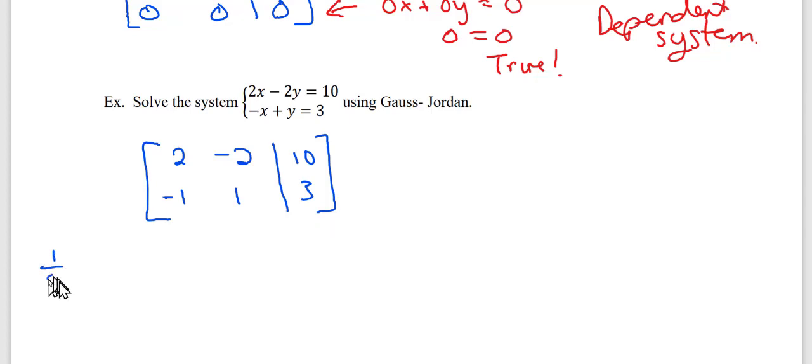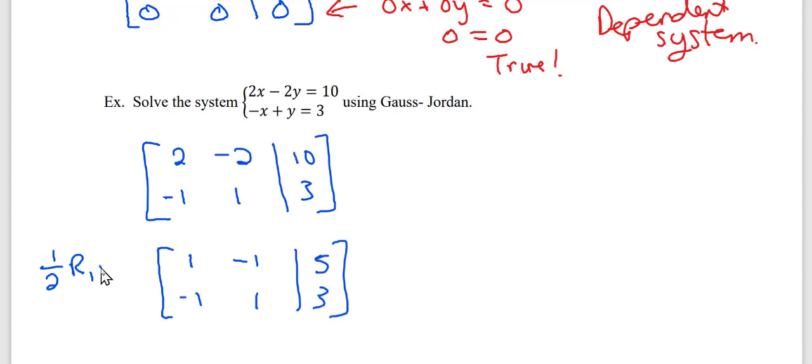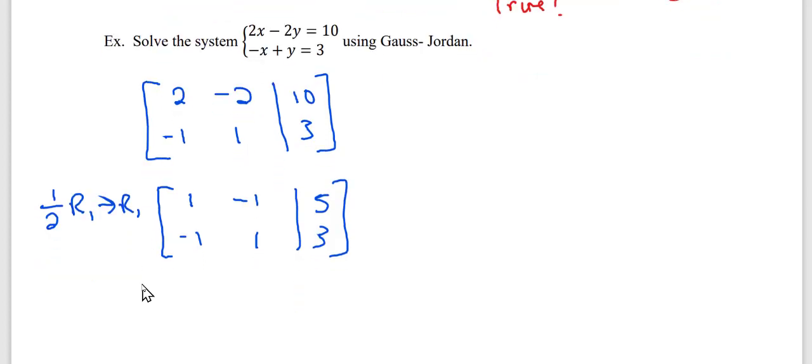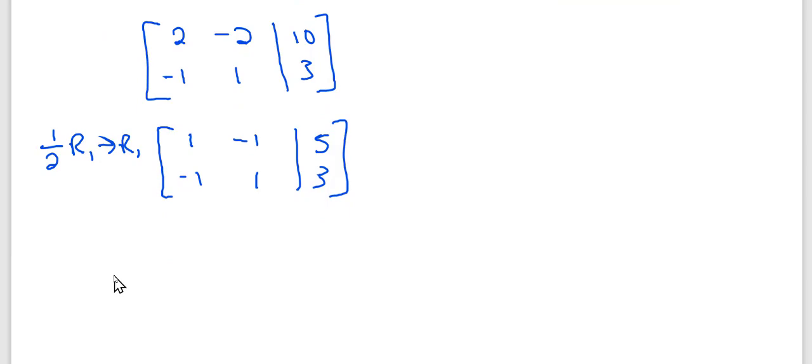I think the easiest is probably to just do 1/2 times row 1, because then you can do it in one step and you don't get any fractions there. Not that we completely want to avoid fractions. Oops, we're putting that in row 1. Not that we completely want to avoid fractions, but if we can, we probably should. They're not the worst thing, but they're not the easiest thing to work with either. Integers are much easier.